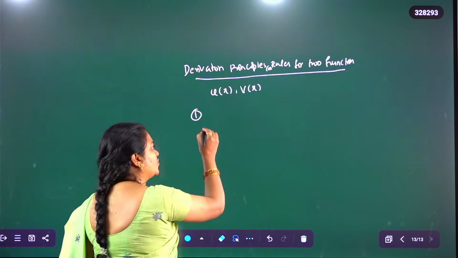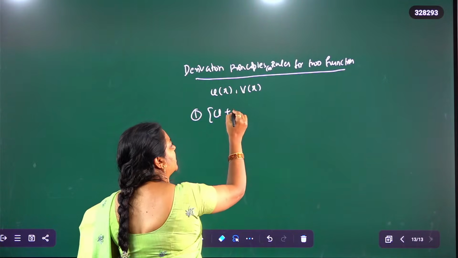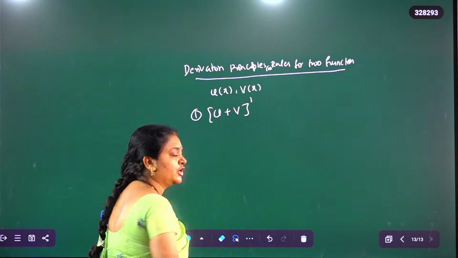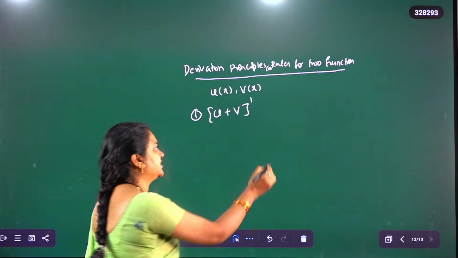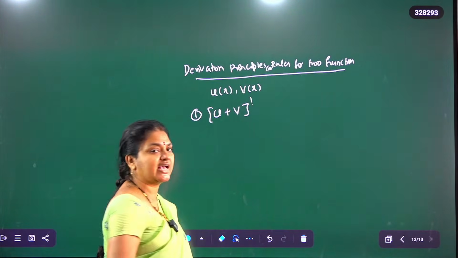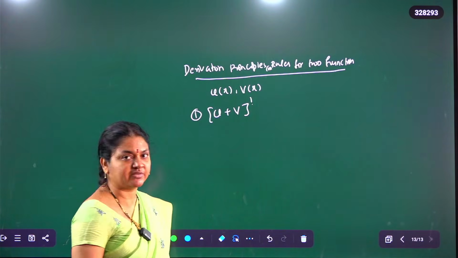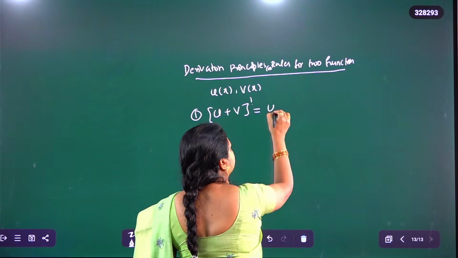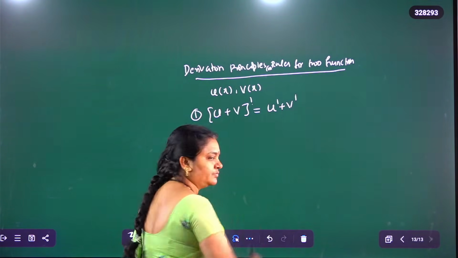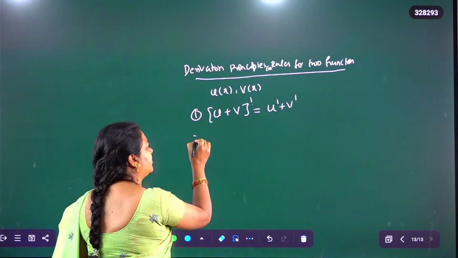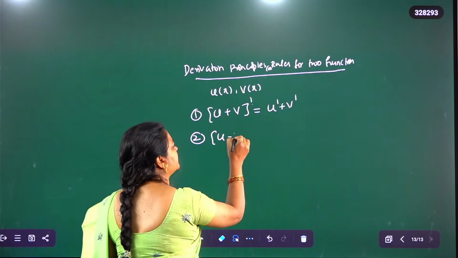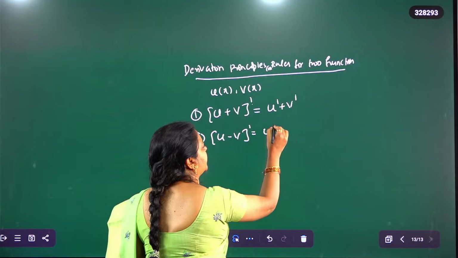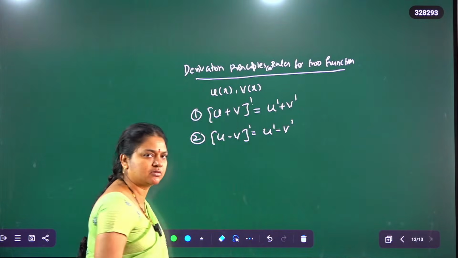What are they? The first one is the sum of two functions derivative: u plus v whole dash. This dash is also denoted as derivation, remember that. So simply, this is u dash plus v dash. The same is applicable for u minus v whole dash, which is u dash minus v dash.